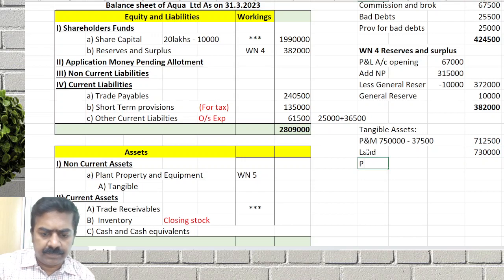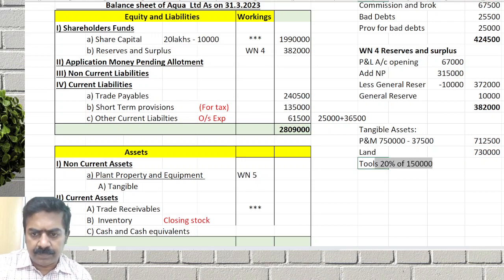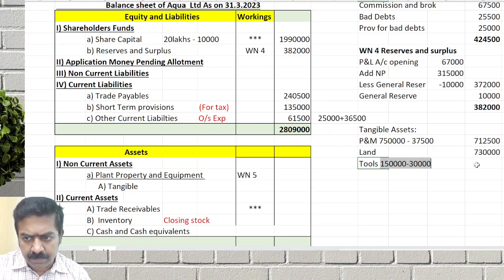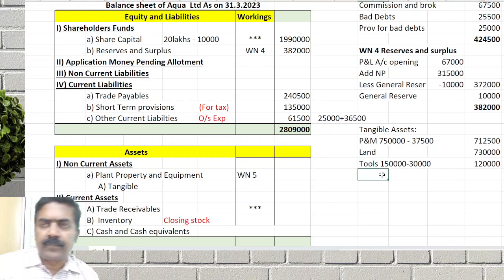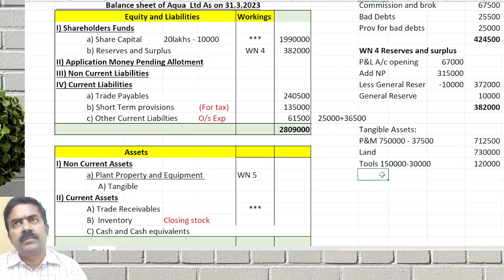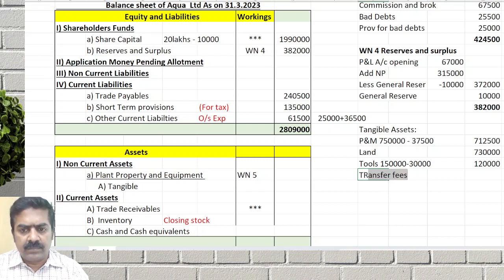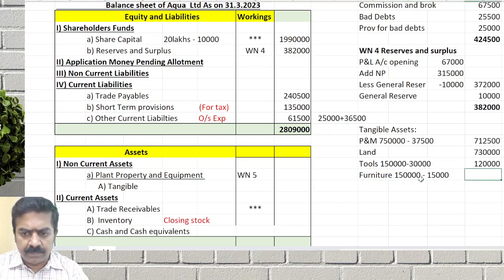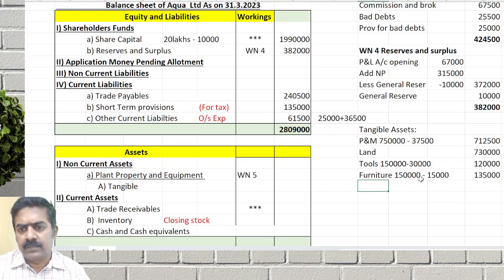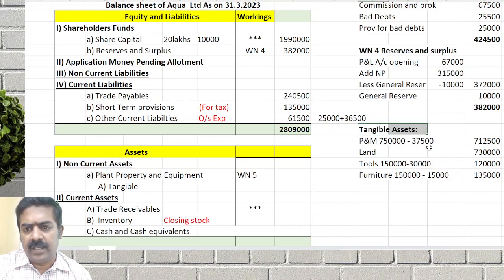Then tools minus 30,000. What is the next one? Furniture and fixtures minus 15,000. Then any other thing?